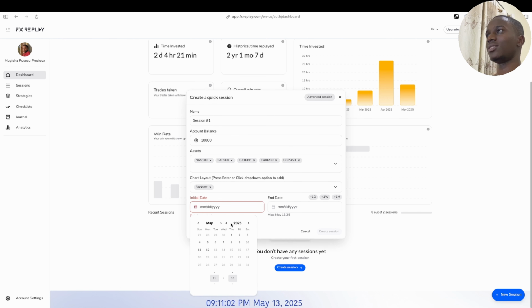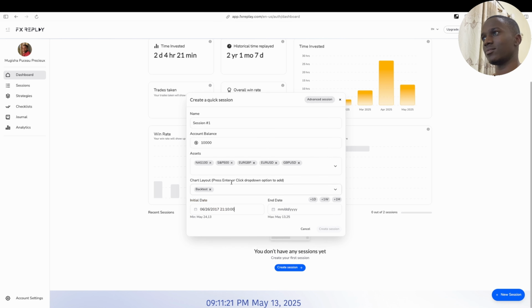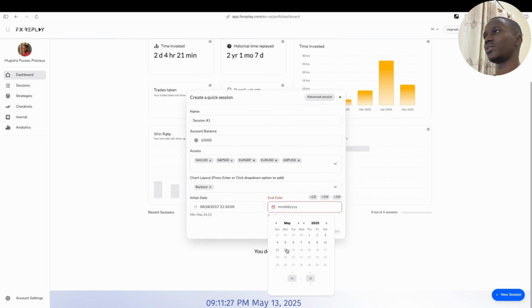So start date June 2017. I have to backtest until we reach the day we are at now. So that's Monday. Which date was it exactly? 26th. So it's here. I don't really remember the time, so maybe our trade will have worked out or not.